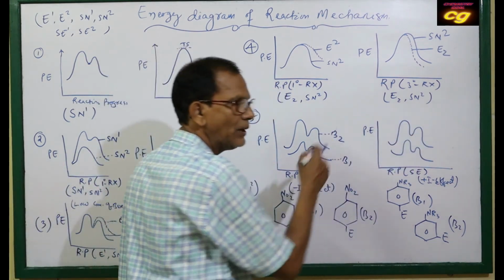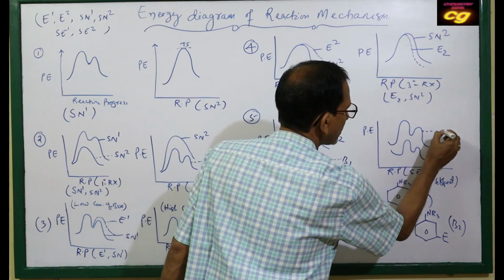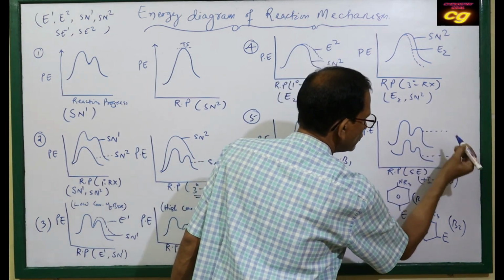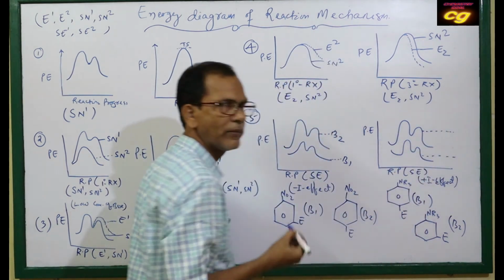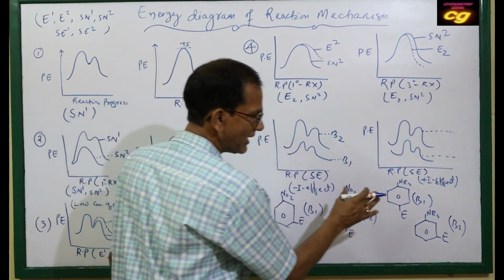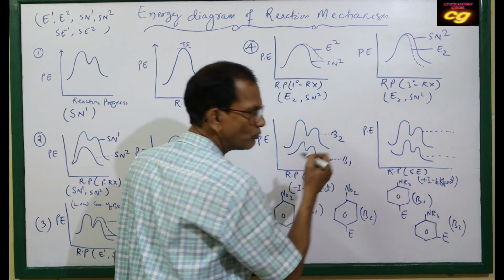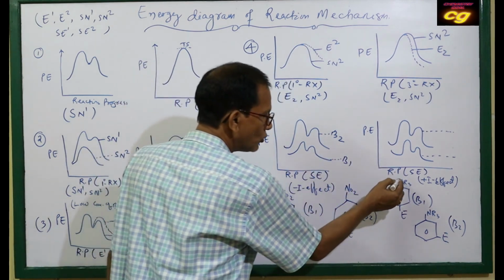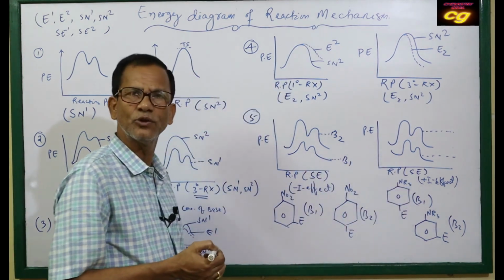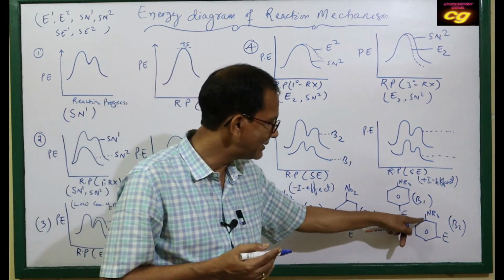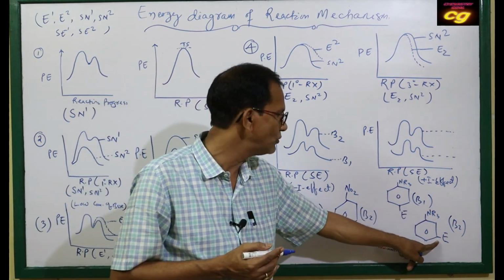Out of these two graphs, you have to identify which will be B1 and which will be B2. Again I am repeating, I am giving some hints. As it is an electron donating group, it always gives ortho-para product, and here the result is a meta directing group.